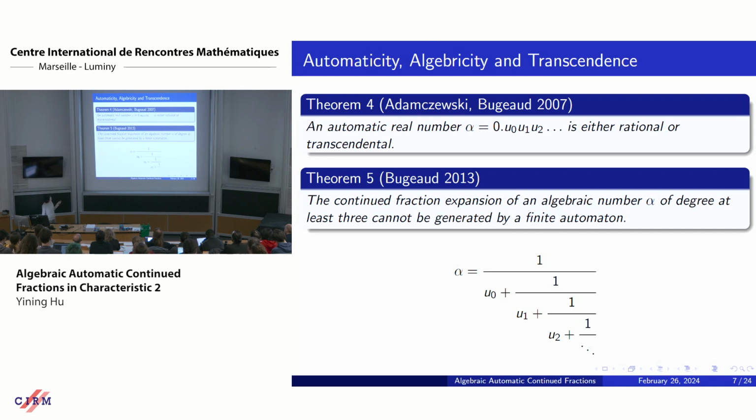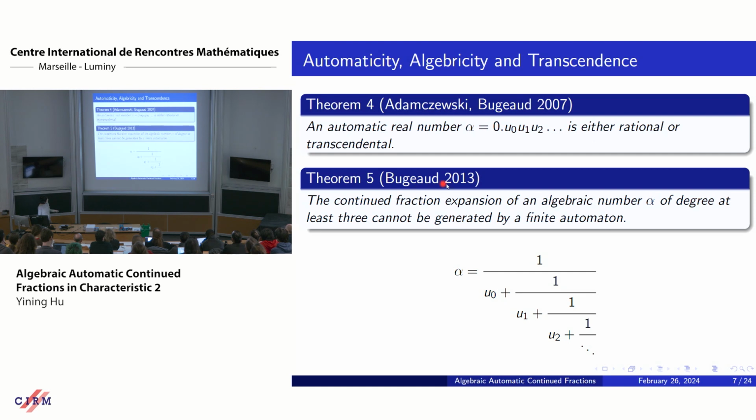Here, the theorem of Adamczewski and Bugeaud says that an automatic real number, that is to say, a real number whose base B expansion forms an automatic sequence, is either rational or transcendental. And then the same is true for the continued fraction expansion of a real number.